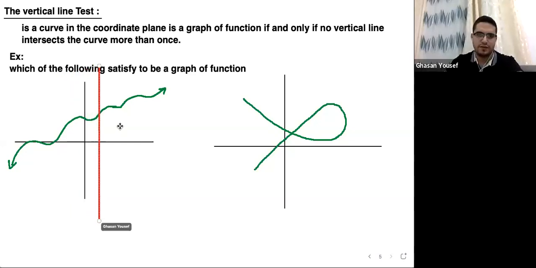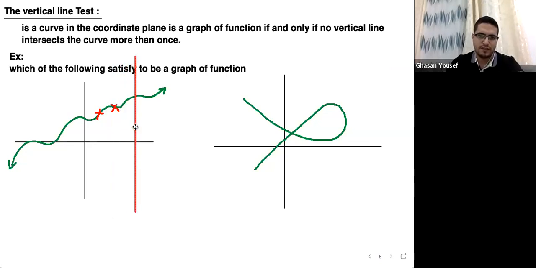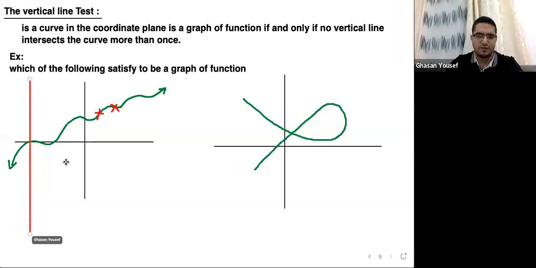If I move to the right, it's the same: the line crosses the curve at only one point, never more. So this curve represents a function.